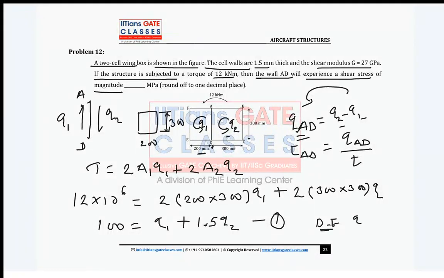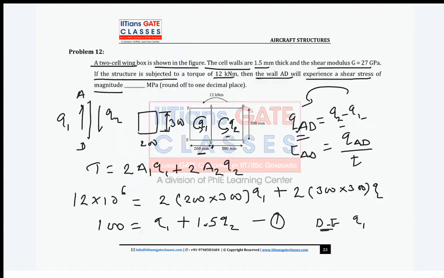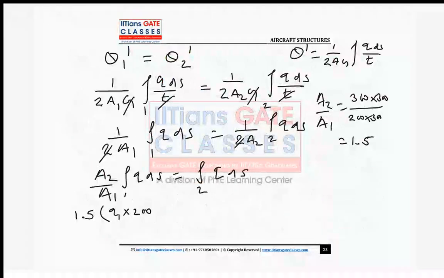And what is the length? Length is 200. So it is Q1 into 200, with plus or minus. Here this is also important. It is minus because I am going D to E.